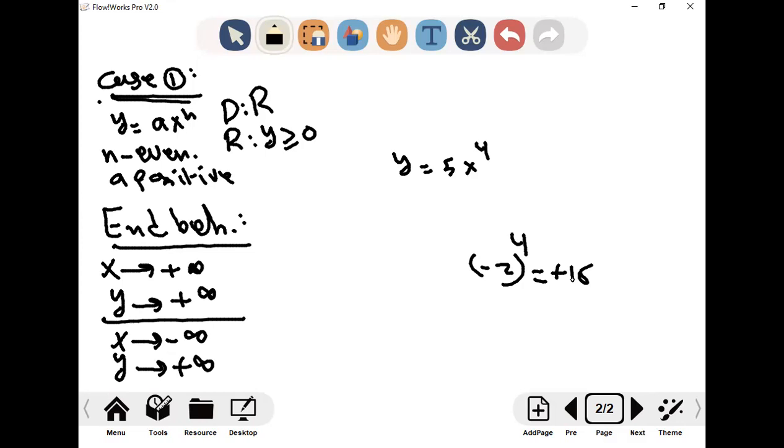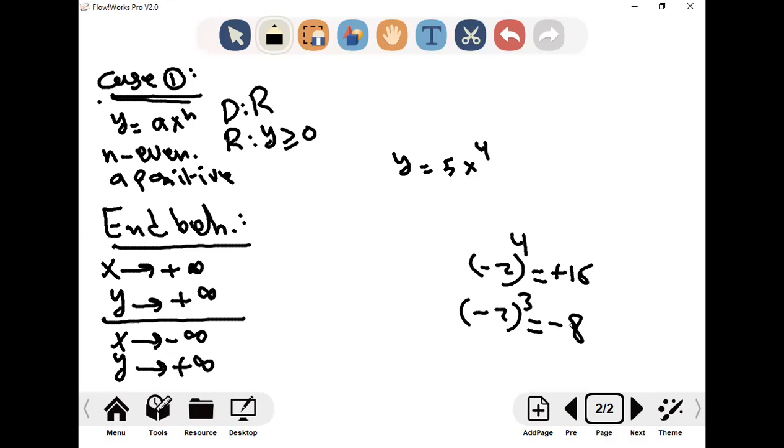Any negative or positive number with an even power gives a positive answer. With an odd power, it depends. Positive power odd is positive. Negative power odd is negative, like negative 2 power 3 will be negative 8, right? Because negative times negative times negative. Not only power 3, but power 5, power 1, power 7, any odd power.